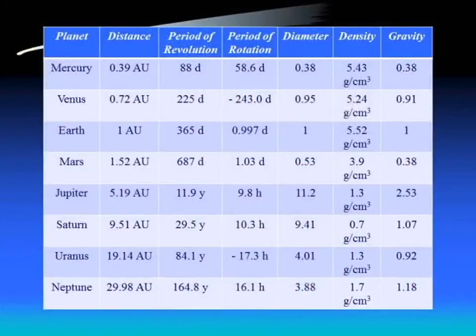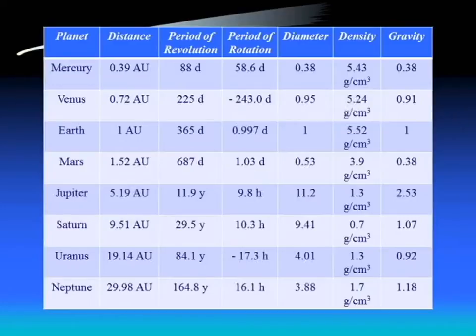Now, if I look, though, at how long it takes to rotate on their axis, look at the numbers for Mercury and Venus. Mercury takes about 58.6 days to rotate once on its axis. Guys, how long does it take for us to rotate once on our axis? Well, 1 day. Okay. So now I look at Venus. Notice there's a negative in front of Venus, and there's a negative in front of Uranus.